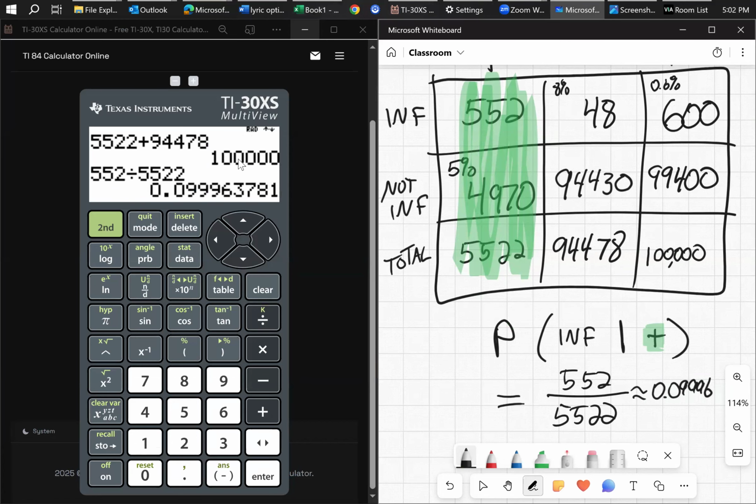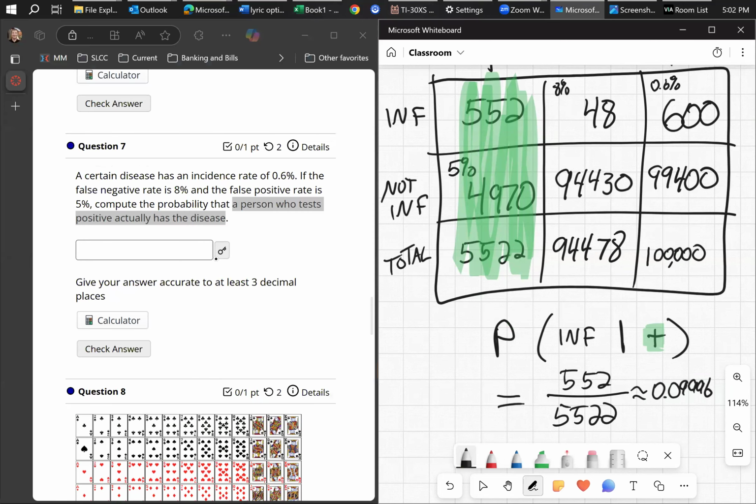And what decimal do we want? 3. So this would round up to 0.100. It does ask for 3 decimal places, so I am going to give it 3 decimal places, as did the correct answer. Very nice. All right, so in the real world, this means if you got a positive test, there's only a 10% chance you were actually infected.